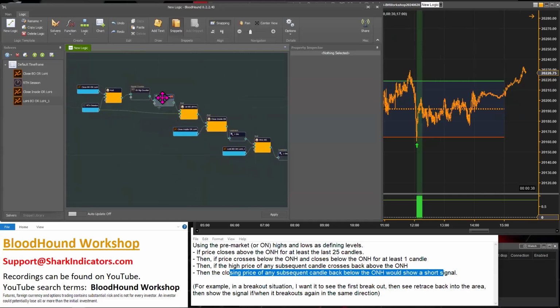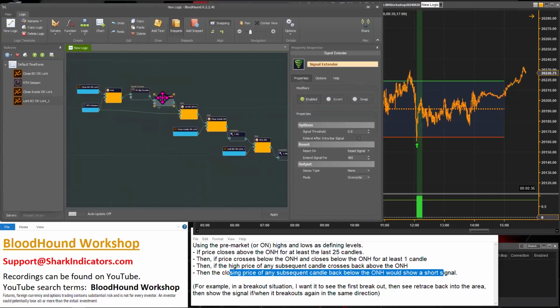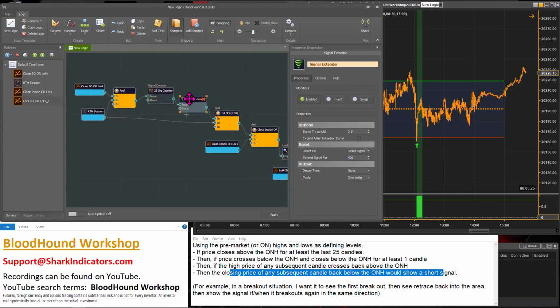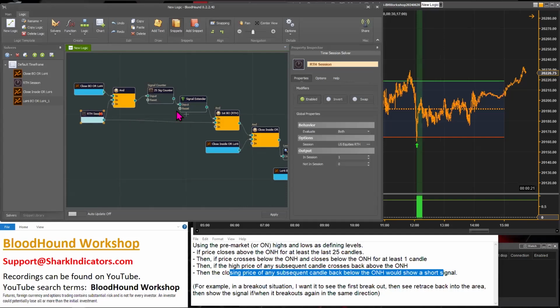remember our signal extender that we used a long time ago? I had it set up to 400 bars, but when I extended it way out there, we cleaned up the signal extender by using the time session solver. So we ran the signal extender here, and I'll put the number in there just to be consistent.